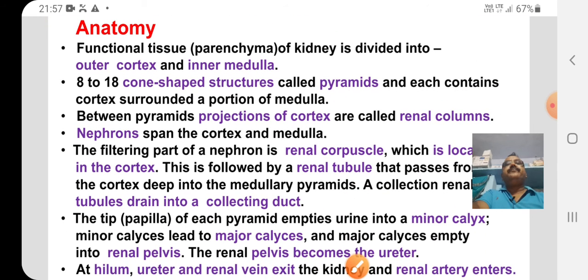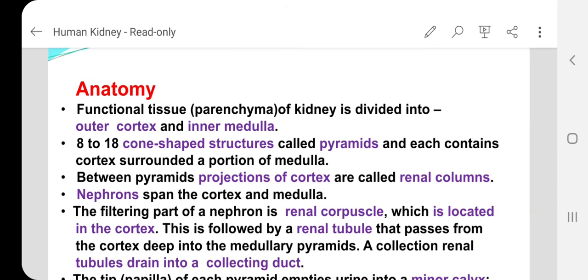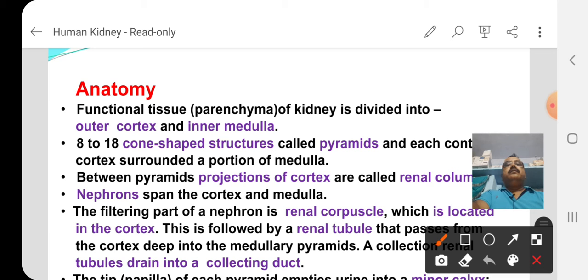Let us discuss the anatomy of the kidney. The functional tissue is the parenchyma tissue of the kidney. It is divided into two parts, which we have already discussed in the figure, that is cortex and medulla.